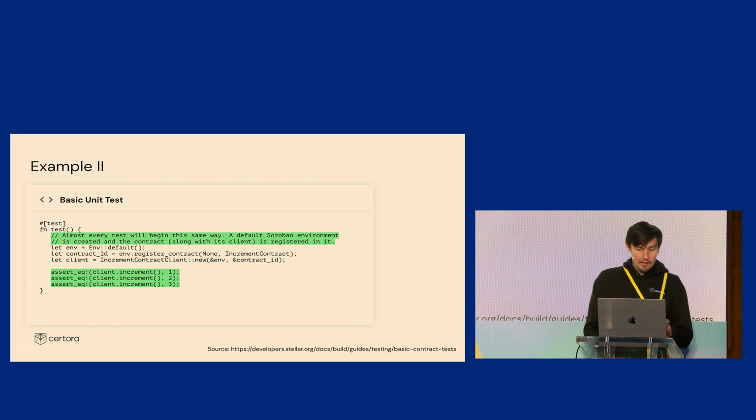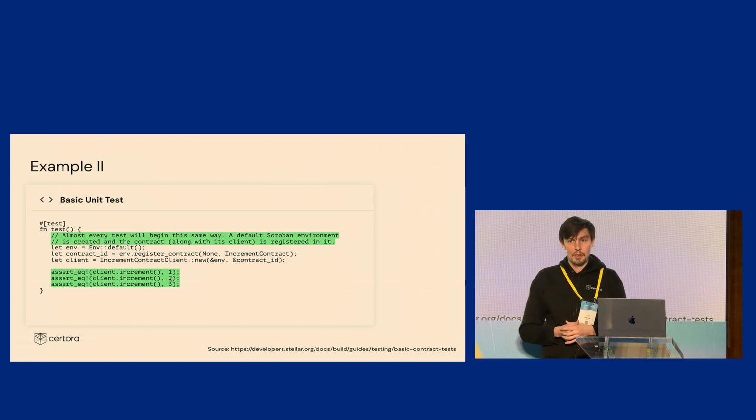You set up the environment, register this contract, and then on the client you call this function increment. In this test case, if you call it once, the output is 1. If you call it twice, the output is 2. And the third time, it will be 3.